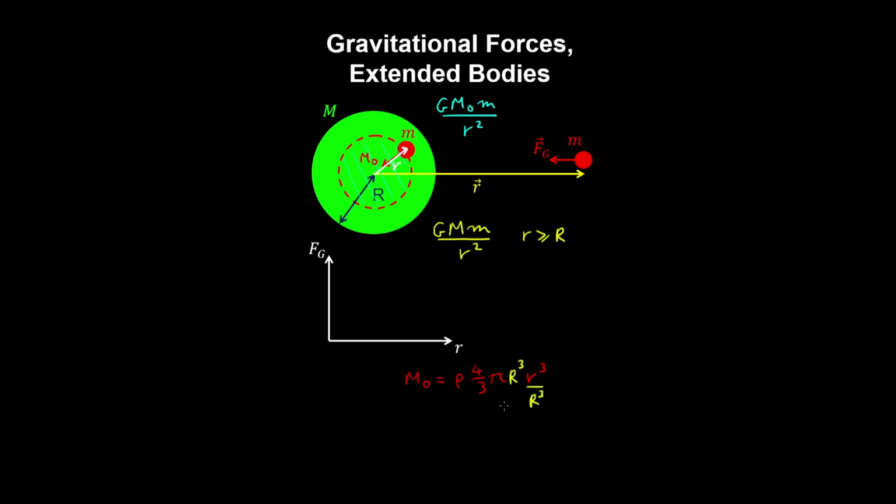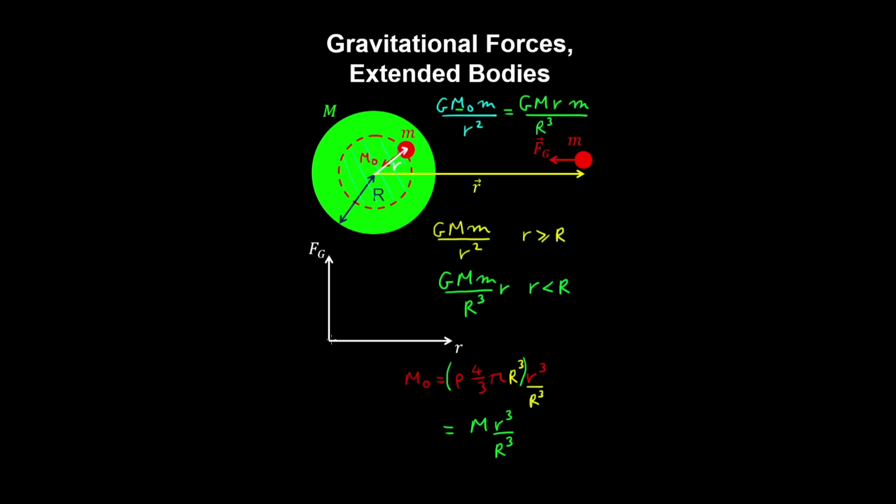And we don't modify the expression, and therefore we notice that this here is equal to the mass of the entire sphere. And now we can substitute for m0 into this expression. And then doing some cancellations, we get the following expression for objects that are placed inside the sphere.